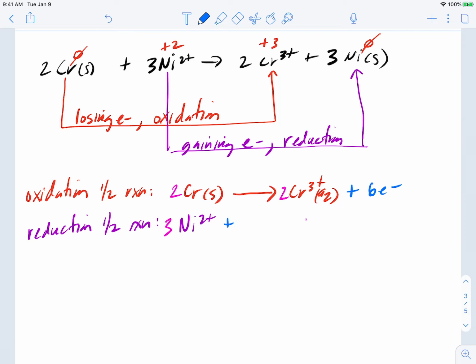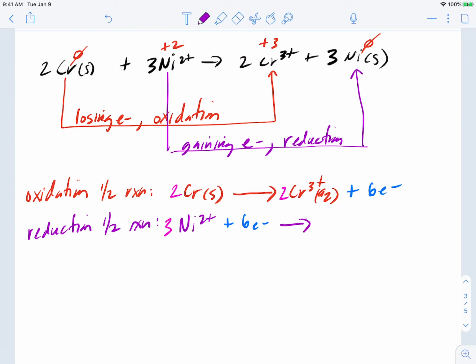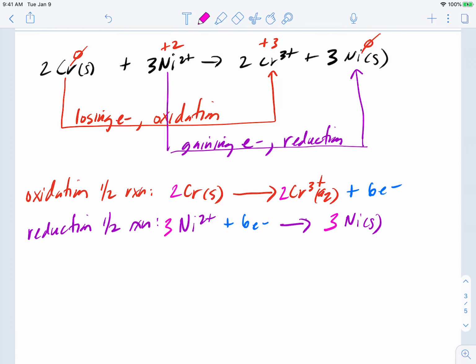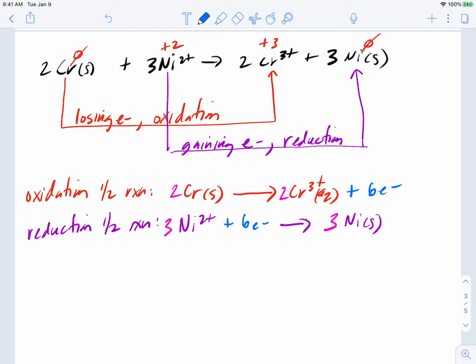So we have plus 6 electrons goes to form 3 Ni solid. Okay, so the reason why it can be important is that the number of electrons used for the oxidation needs to match the number of electrons in the reduction.